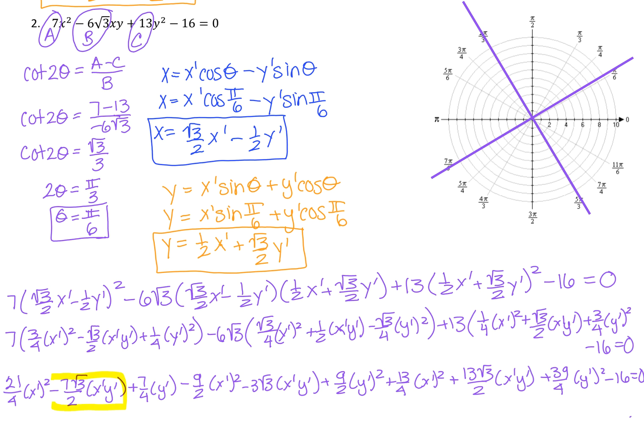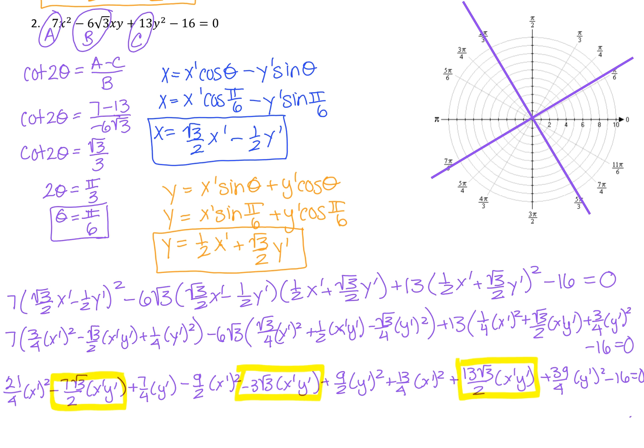Those three terms should cancel each other out. If I get a common denominator, this -3 root 3 becomes -6 root 3 over 2. So -6 root 3 over 2 plus -7 root 3 over 2 is going to cancel out the positive 13 root 3 over 2. So all three of these terms together cancel out the xy term.